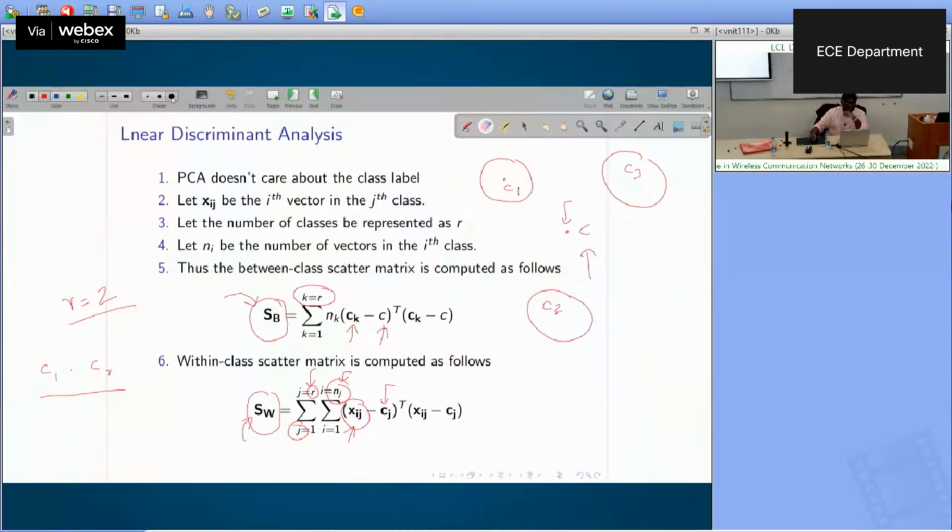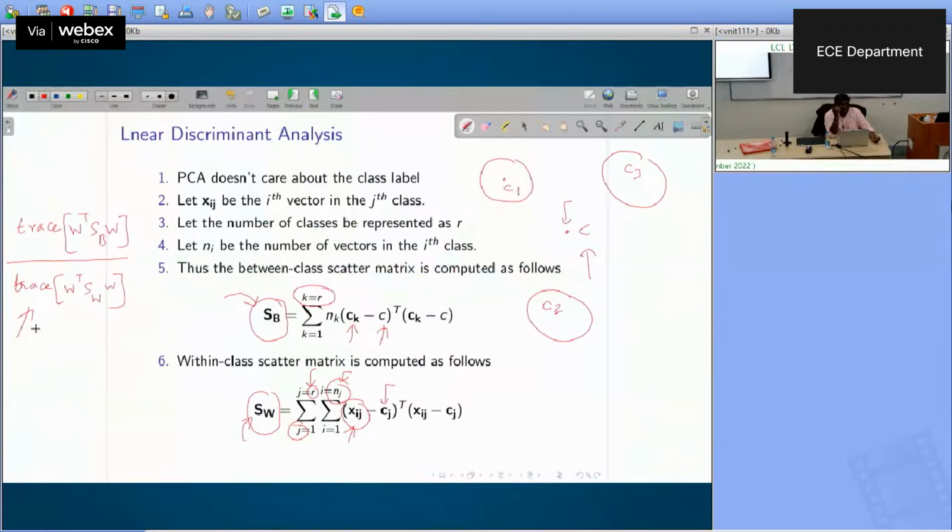So what is the goal? The goal is that after projection, you want the centroids of various classes to be well apart, and the vectors of the individual class to come close to each other. For that, the objective function is like this: trace of W transpose SB W over the trace of W transpose SW W. I hope you know what trace is, summing up the diagonal elements.